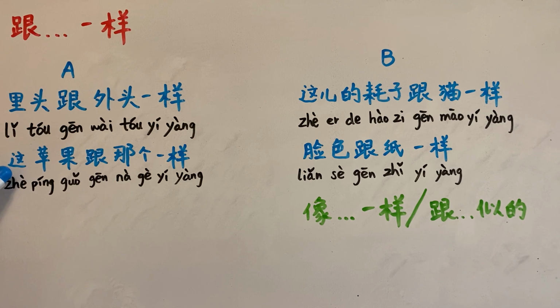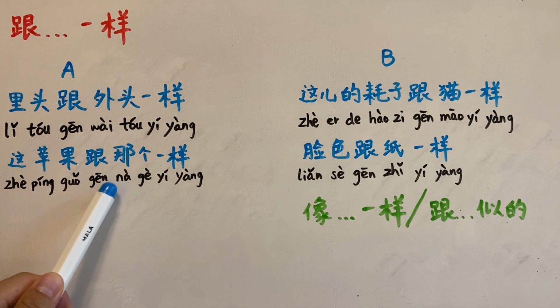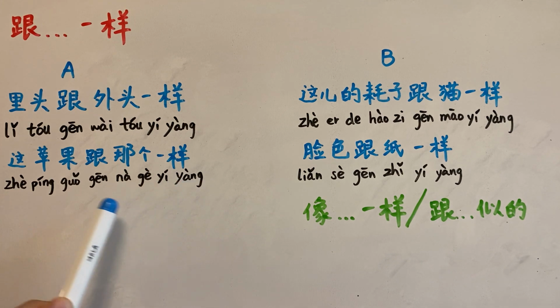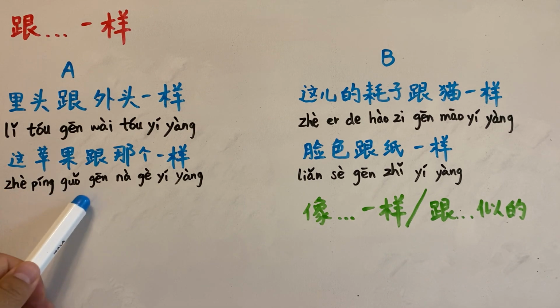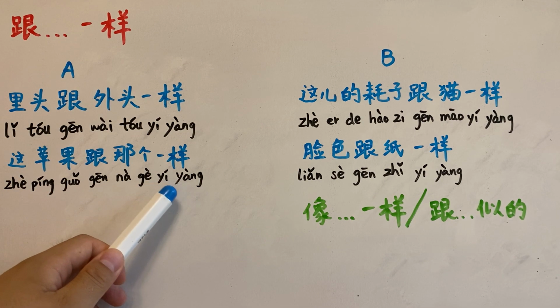And this sentence, 这苹果, is apple. This apple, 这苹果跟那个一样. 跟那个一样, or in spoken language 那个一样, that one. This apple is the same as that one.